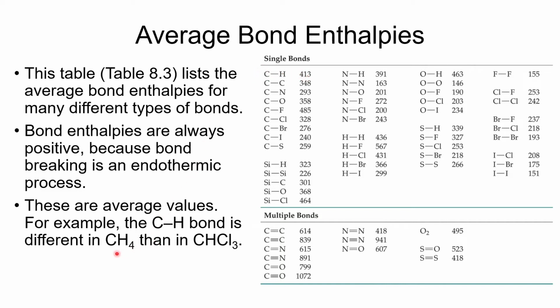So for a carbon-hydrogen bond in methane, CH4, the bond enthalpy is more like 435, whereas the carbon-hydrogen bond in chloroform, CHCl3, is more like 380 or 370. I forget the number for that one, but it's a much weaker bond. So these are average bond enthalpies, and they're just estimates. They're useful estimates.